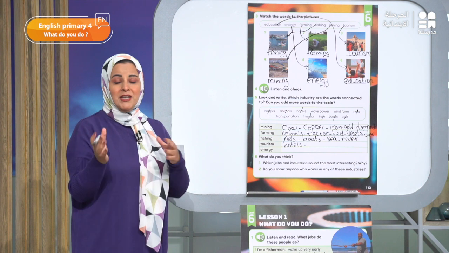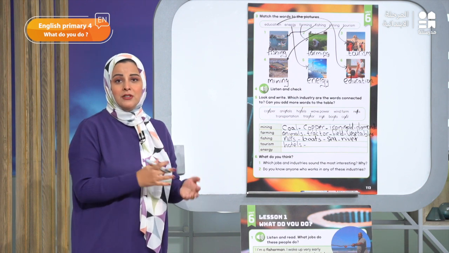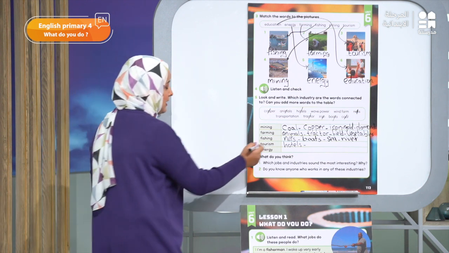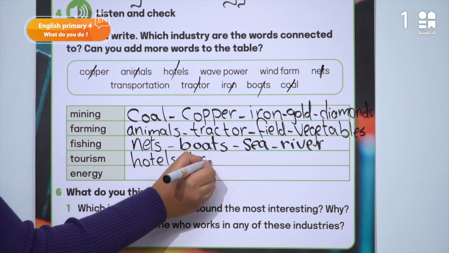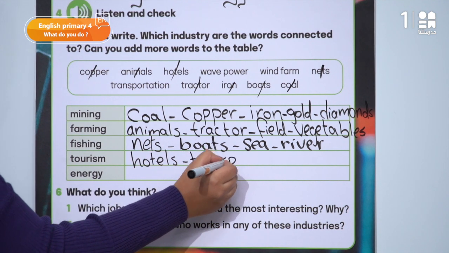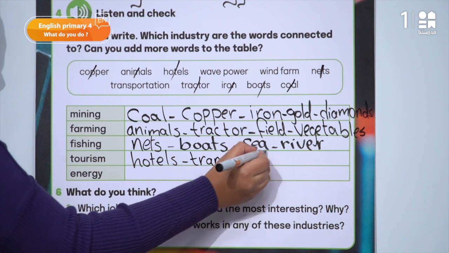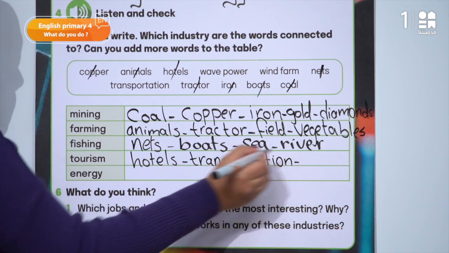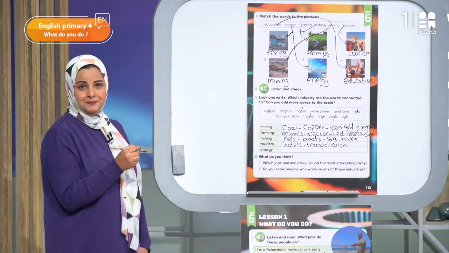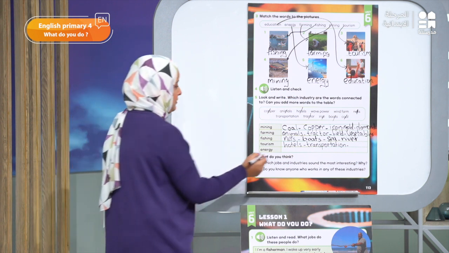So there are many ways of transportation for the tourists. So hotels and transportation. Can you find more related words to this topic? The pyramids, very good.